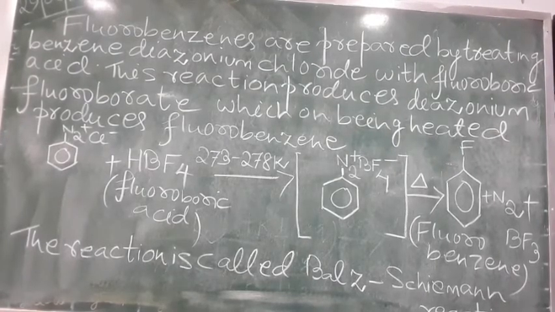The reaction is given: benzene diazonium chloride treated with fluoroboric acid in presence at a temperature of 273 to 278 Kelvin to form diazonium fluoroborate, which on being heated produces fluorobenzene C6H5F plus N2 plus BF3. Now this reaction is called Balz-Schiemann reaction.